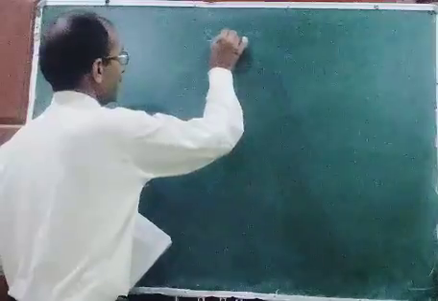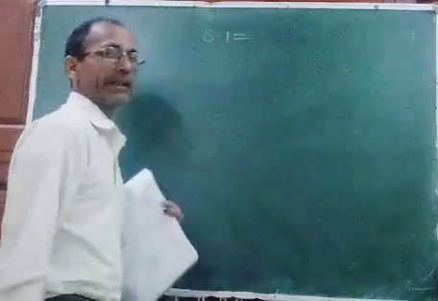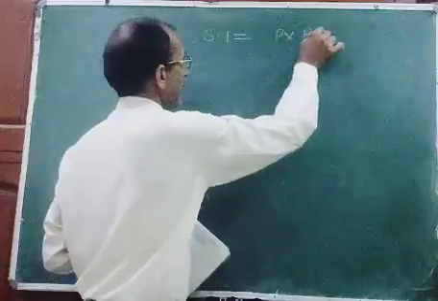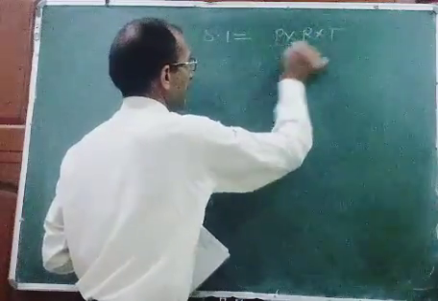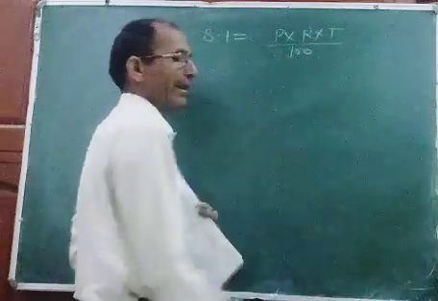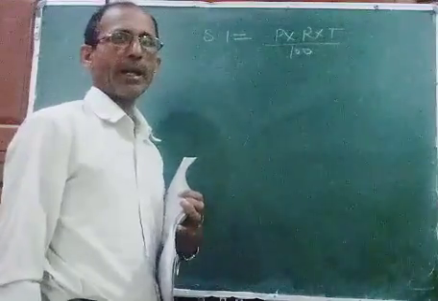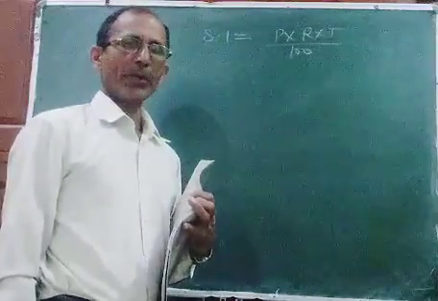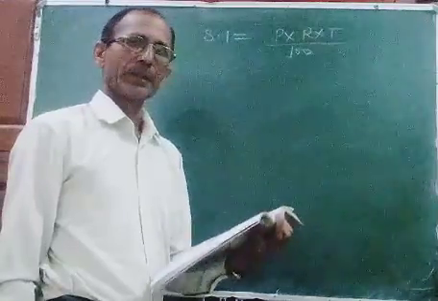In class 7 you have done it already. Simple interest is principal multiplied by rate multiplied by time upon 100. So this is the formula for finding the simple interest. Now we have to draw the graph.